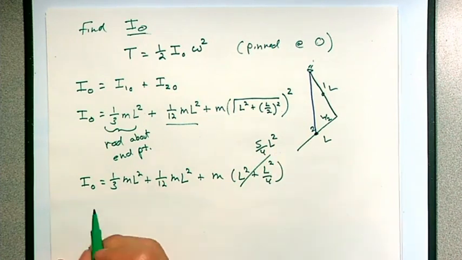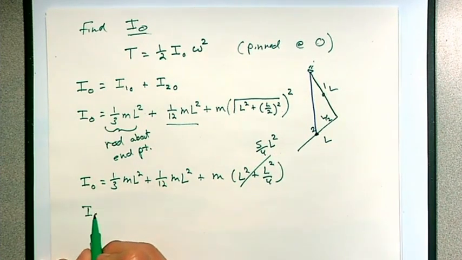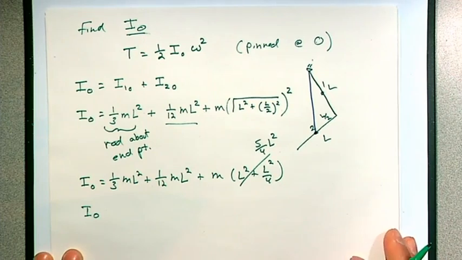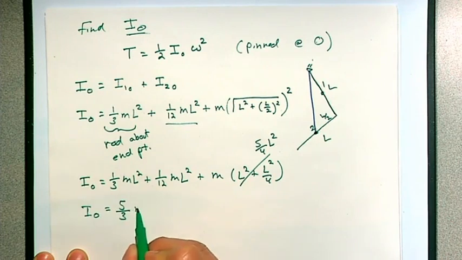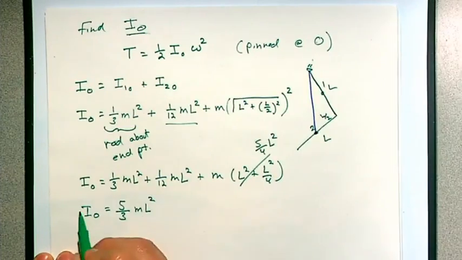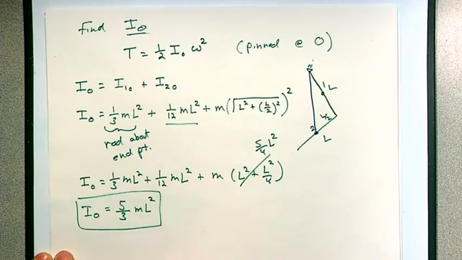M's and L's everywhere. This just becomes 5/3 ml squared.